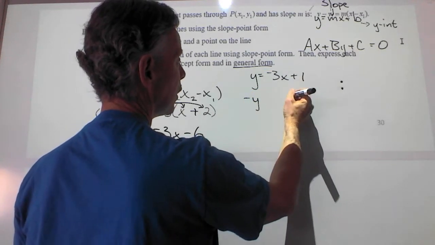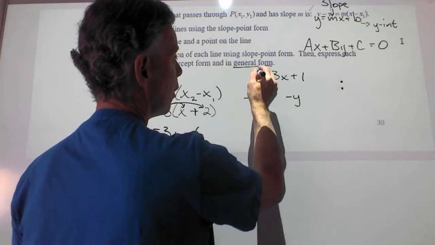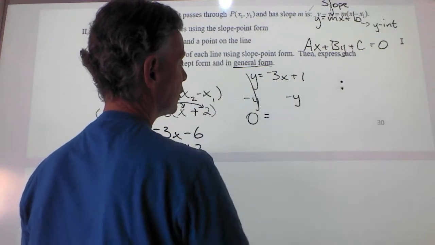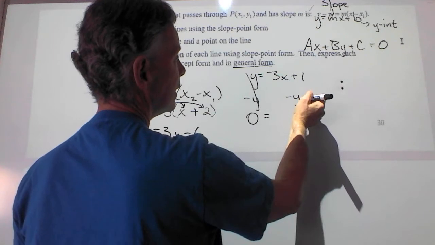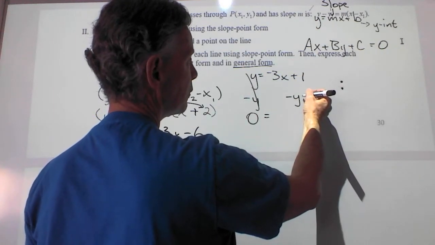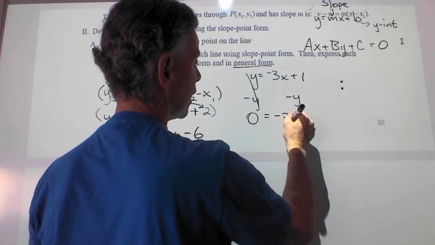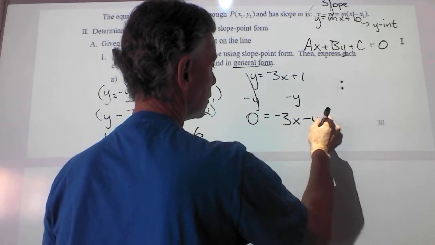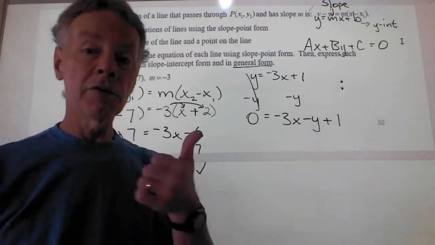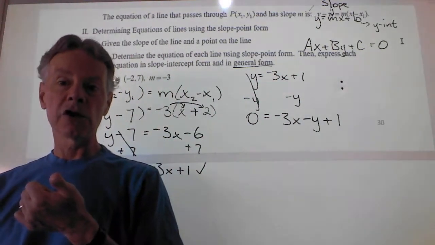So we'll subtract y from both sides. Y minus y will give us 0, right? They cancel. And then, since there are no like terms that we can combine with minus y, we just rewrite it as minus 3x minus y plus 1. Now we've done the first part of converting to general form.